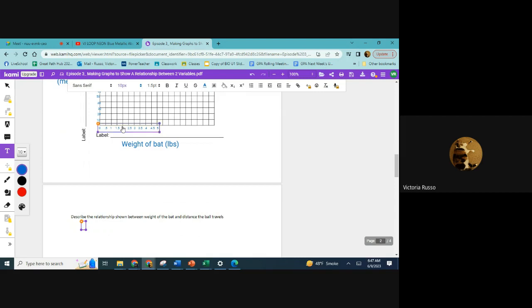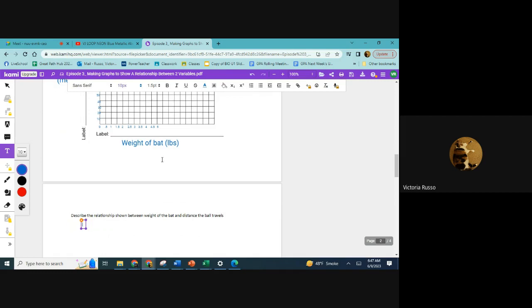And as we go this way, the numbers on the x-axis are increasing, or the weight of the bat is increasing. So I'm going to start off with as, and that is not big enough for you guys to see, so I will change my font size. So as the weight of the bat increases, because again, we are going across the x-axis and it's going up by 0.5s, the distance the ball travels.